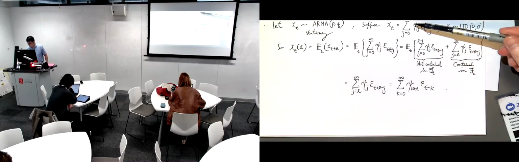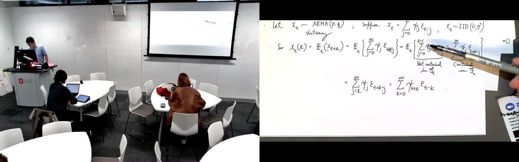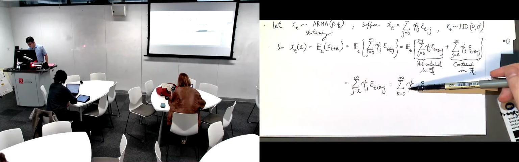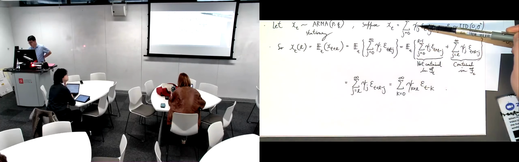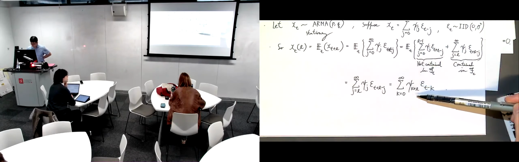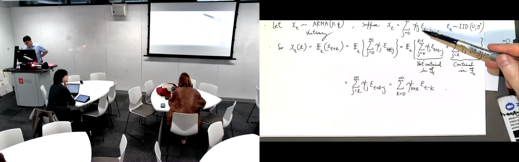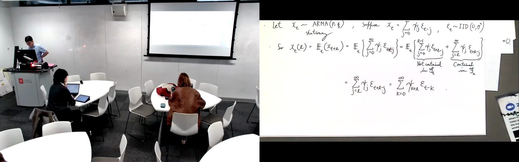So compare your xt to this xt bracket L. Well, they're almost exactly the same, except your xt has psi j, while your xt bracket L has psi j plus L, basically. Otherwise, everything is very similar, okay?